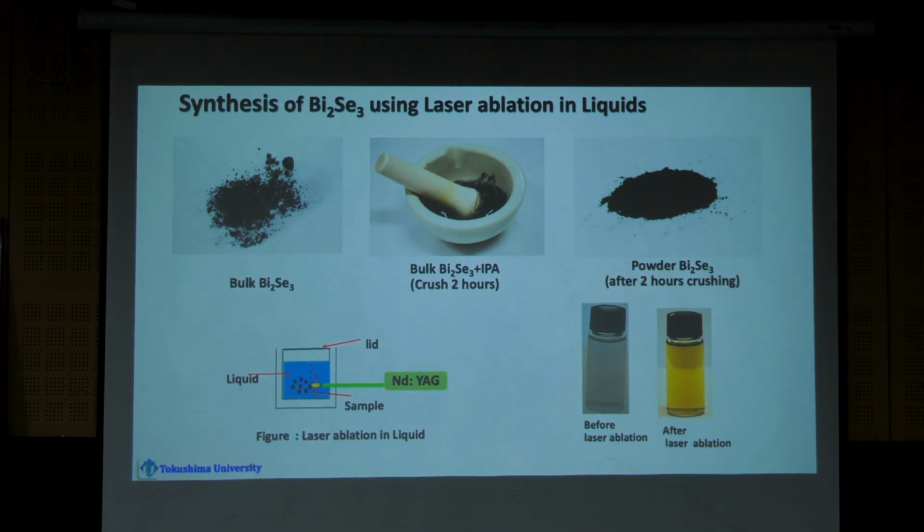Yesterday in my first lecture I showed you gold bulk is yellow color, but you can see different kinds of color for the gold. Same thing is happening here. If you see the bismuth selenide bulk powder, it is black color, but after 2 hours it becomes yellow.